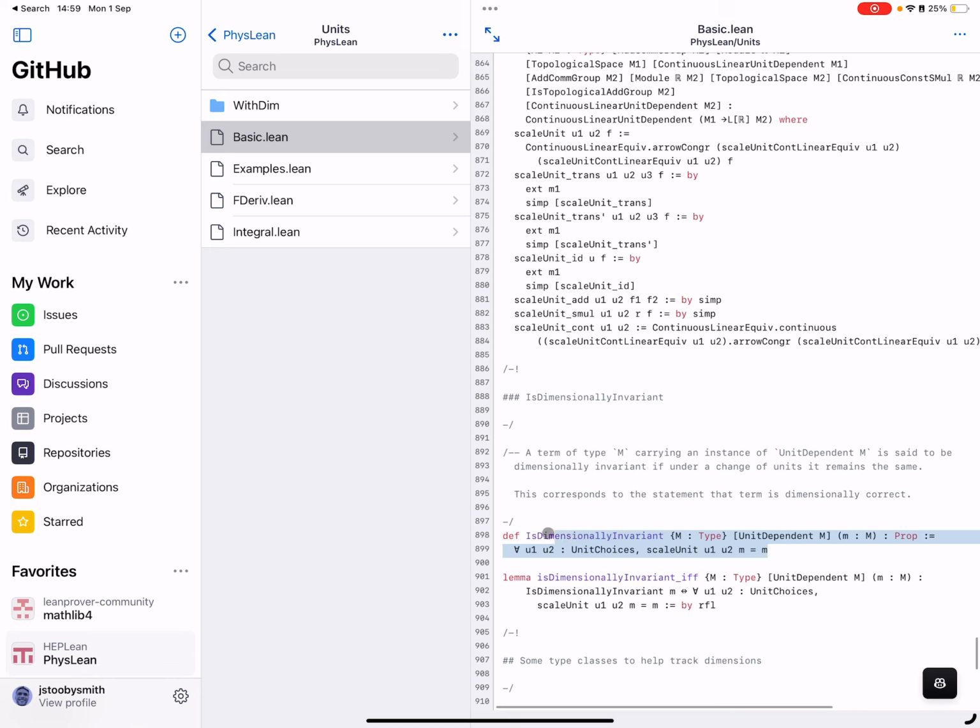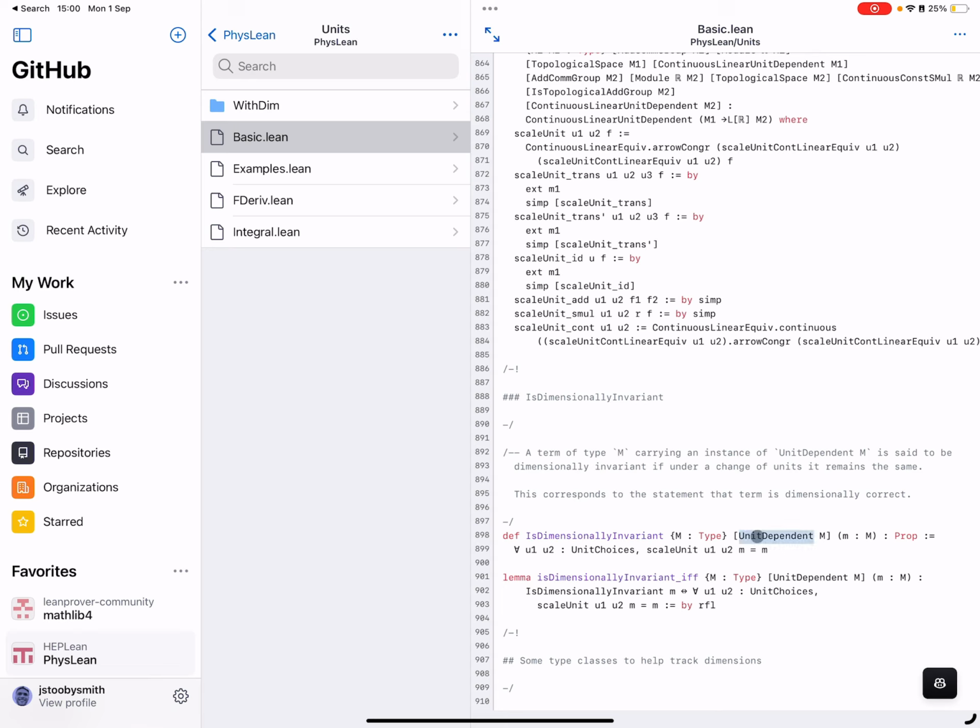So the key definition of all of this is dimensionally invariant. And what this says is that if you have a quantity, a term m of type M, and M is unit dependent, then on scaling m by u1 and u2, you get back m. And why is this equation important?